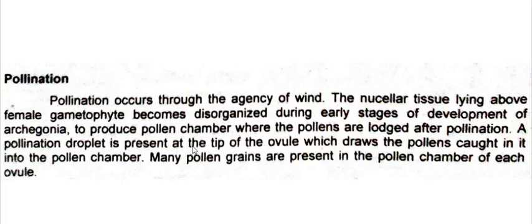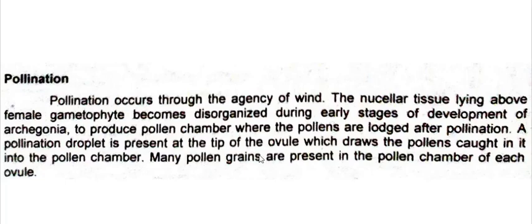The pollen grains are attached to this pollination droplet, which is present at the tip of the ovule on the micropylar tube, and they are caught in it and then reach into the pollen chamber with this water droplet.